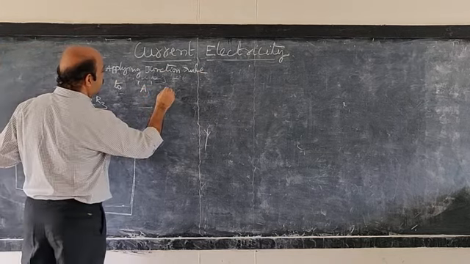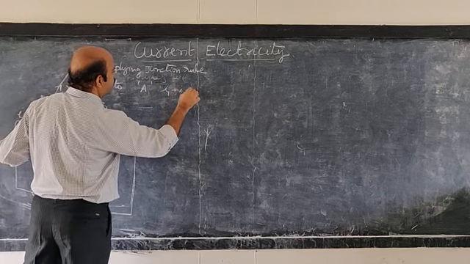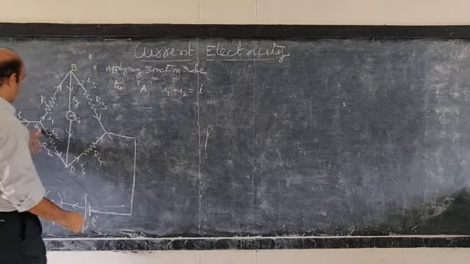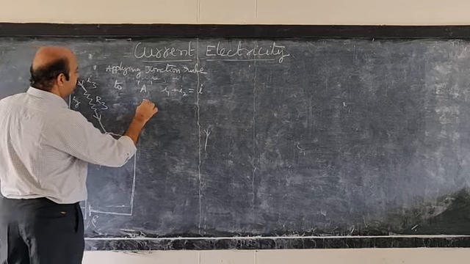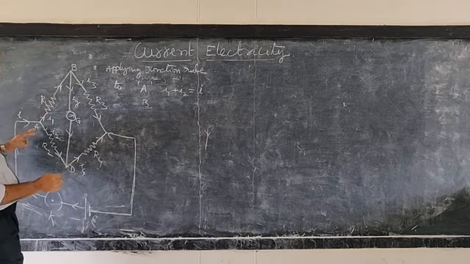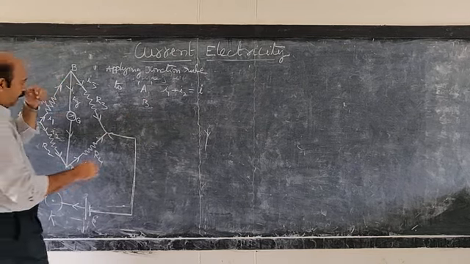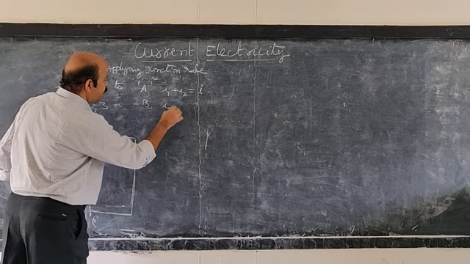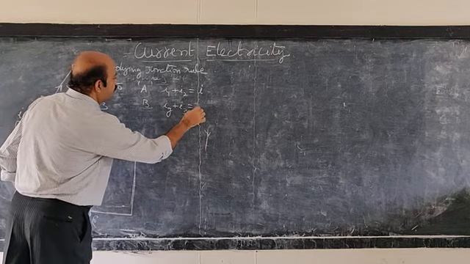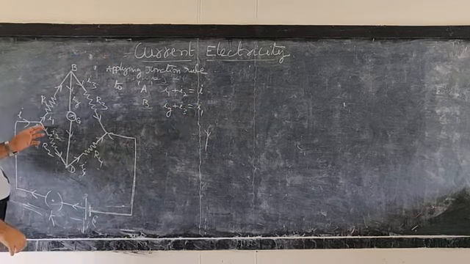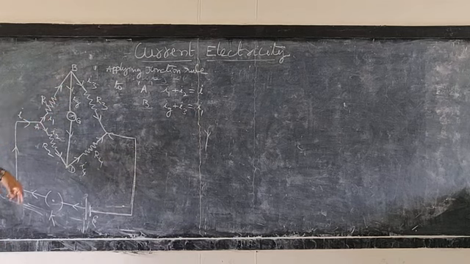So very easily you can see I1 plus I2 is equal to I. Let us apply it to B. So here this I1 is equal to I3, and therefore Ig plus I3 must be equal to I1. That equation is understood.